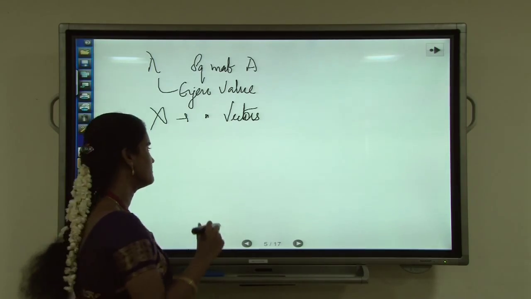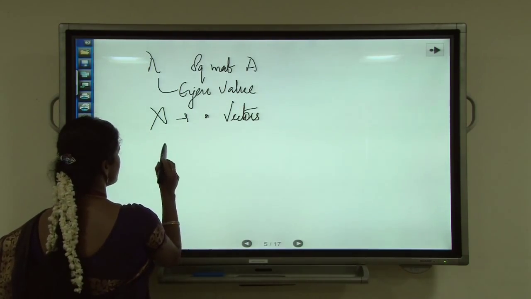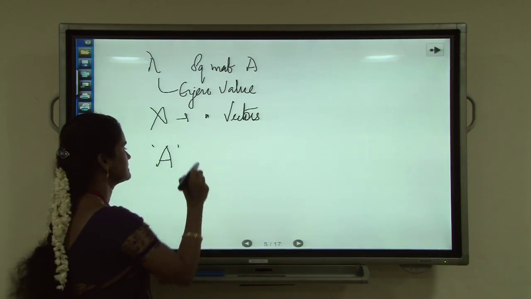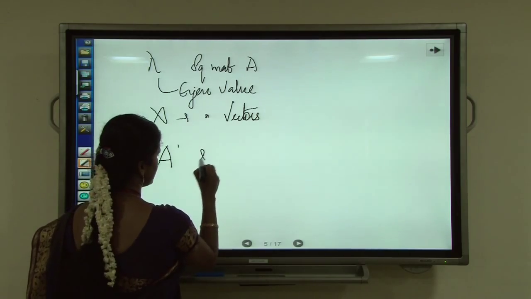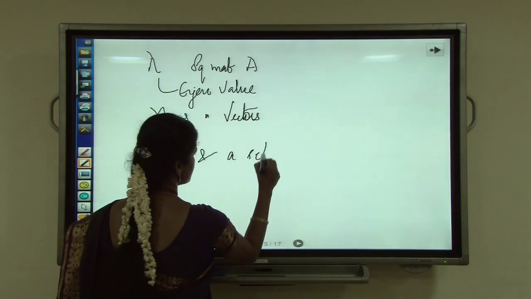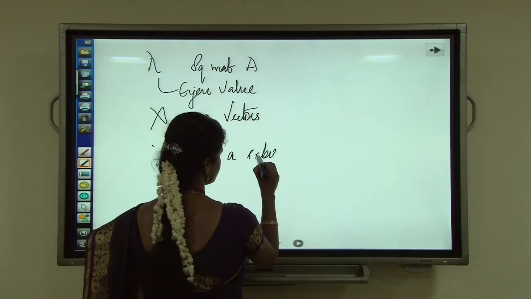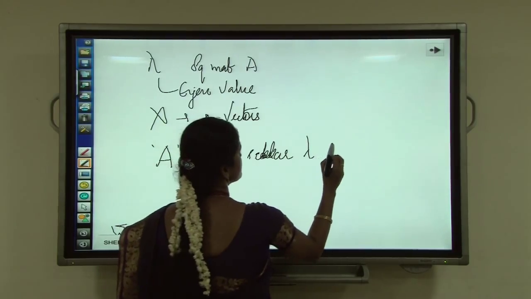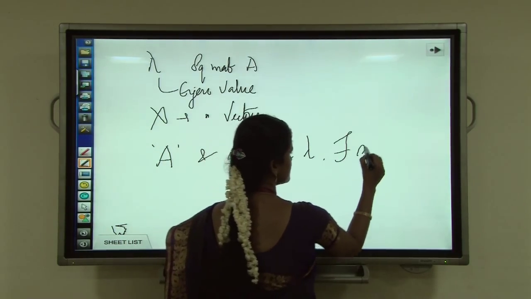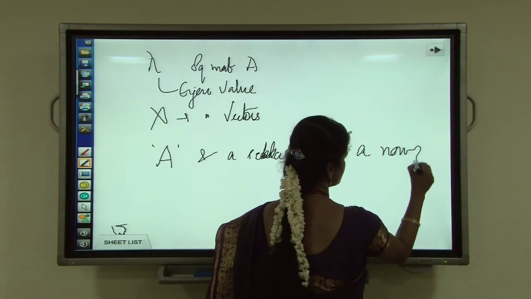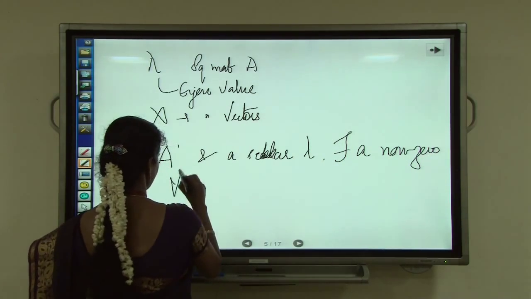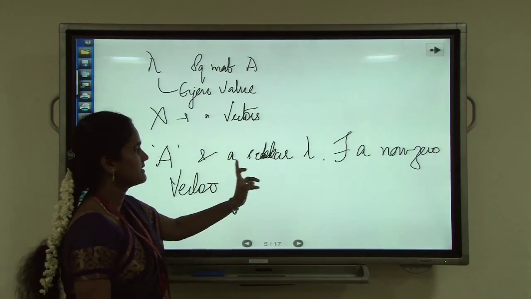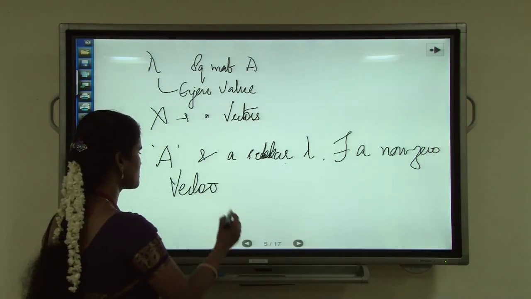Let us get into it briefly. Let A be a square matrix. For a square matrix A and a scalar lambda, there exists a non-zero vector.